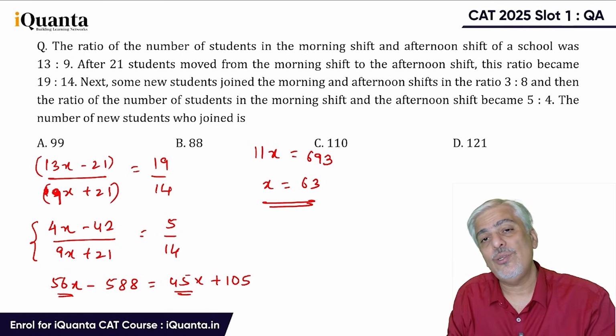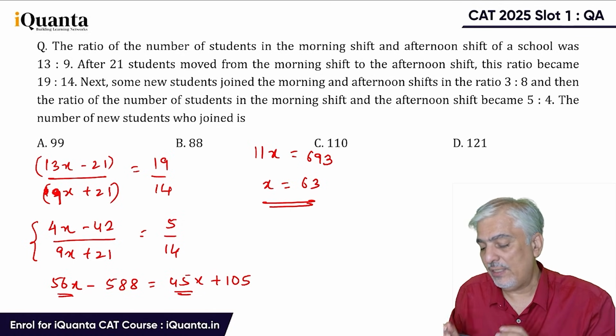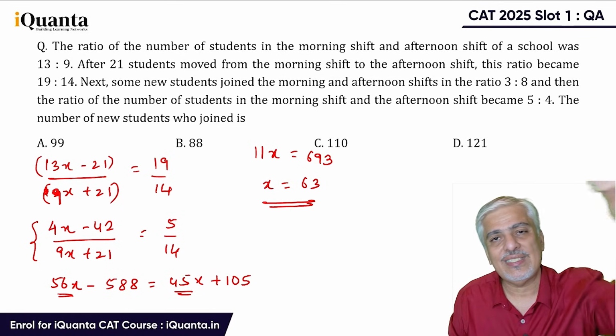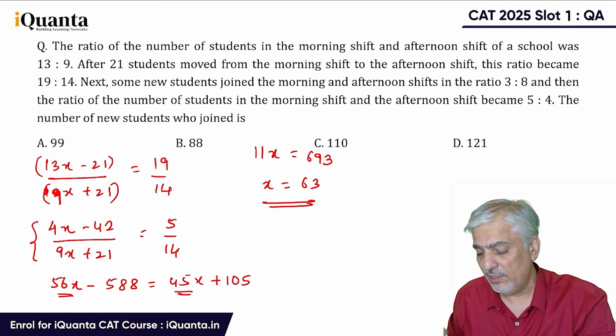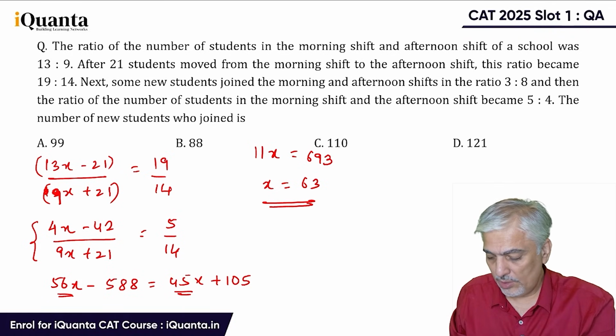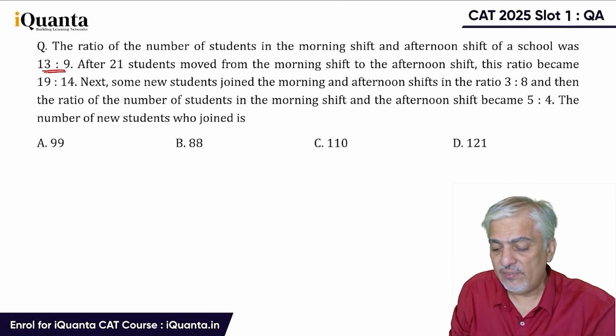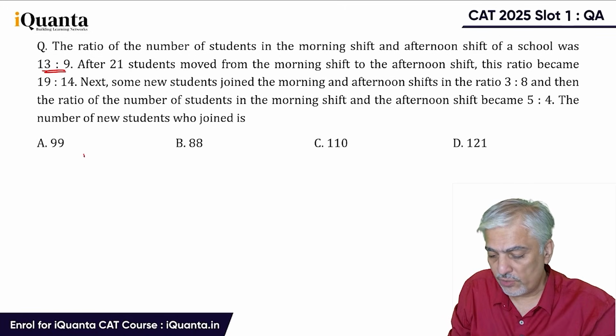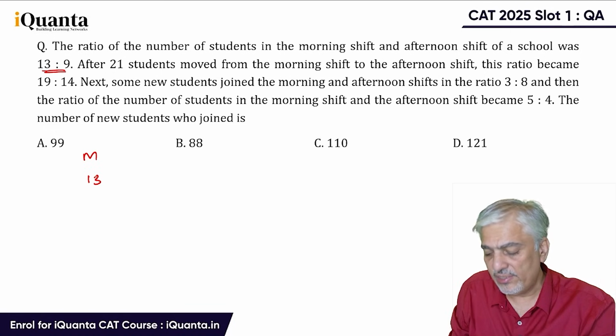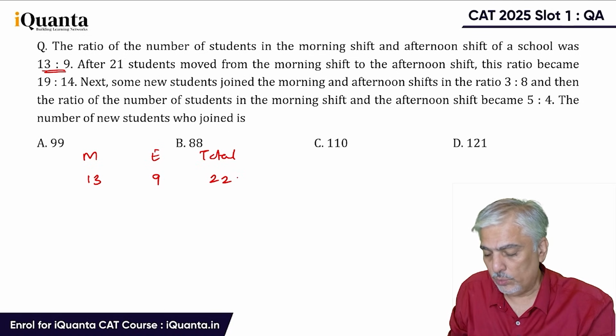Now let's try and use a completely different method where we can get this, whether x is 63 or whether I take that as x or not in this method. We'll talk about that also. Okay, completely different approach. Now, over here they told us morning and evening ratio is 13:9. So if I take morning, just write 13, don't write 13x now. Evening is 9 and write total as 22.